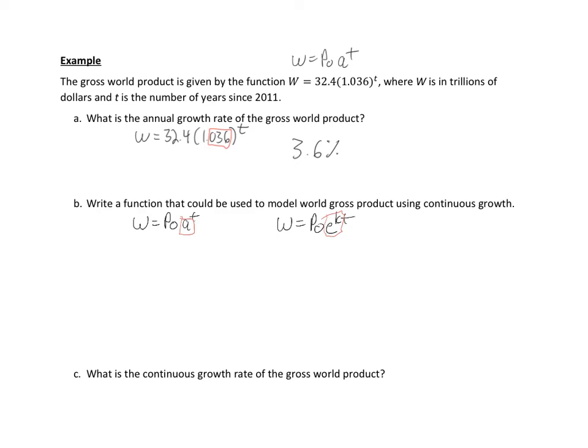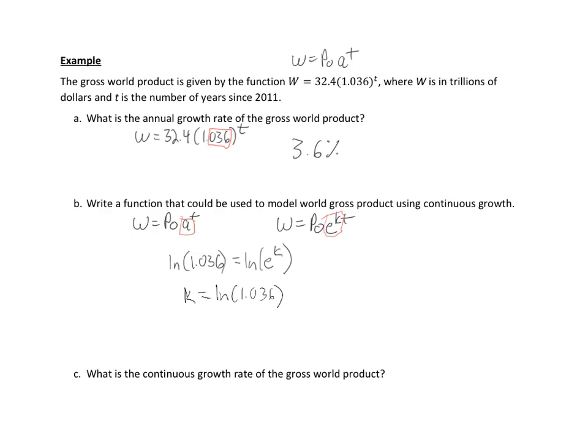What we're trying to solve is if A is 1.036, we want that to equal e to the k. As we previously discussed on the first slide, we would do this by using the natural log of each side. And what happens is that natural log cancels out e and we get k. K equals the natural log of 1.036.